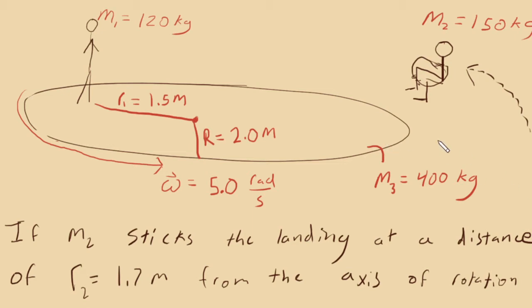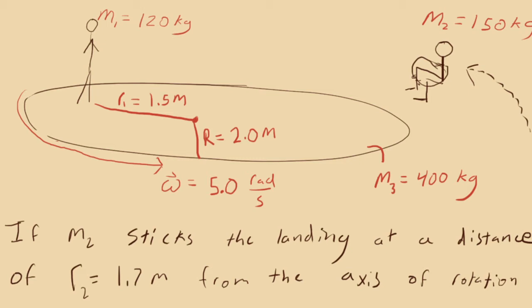So them jumping on isn't going to affect the circular motion of the whole system in terms of momentum, because when they land on here, they're only going to be applying a force, like I said, anti-parallel to the radius, which in our previous video we saw isn't going to apply a torque to the system.